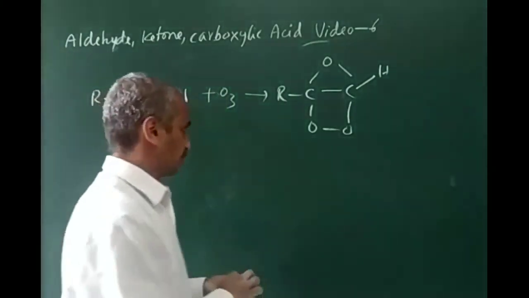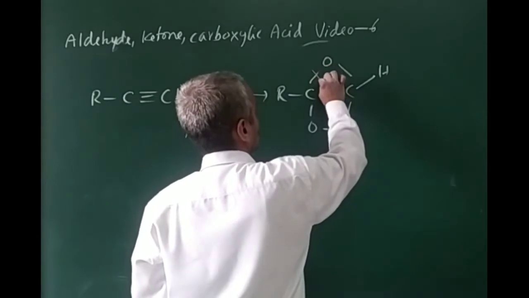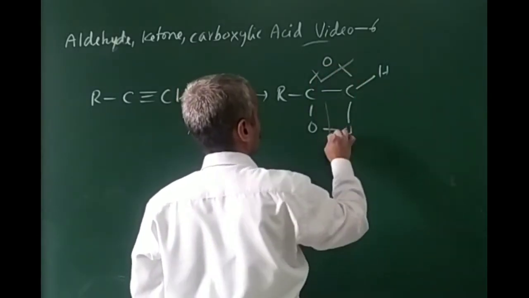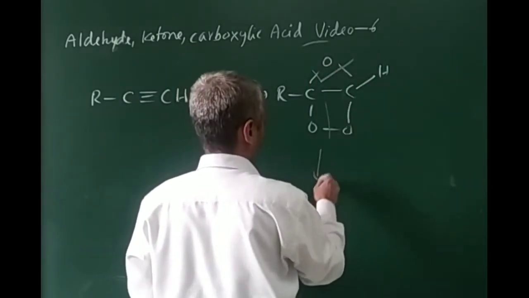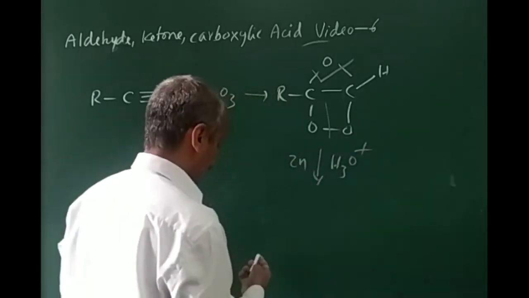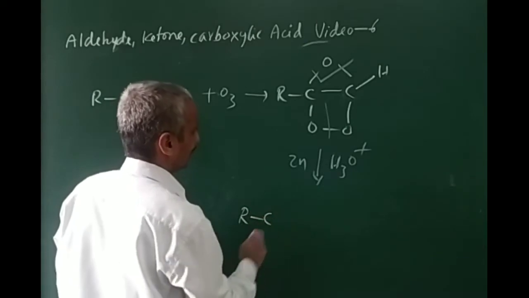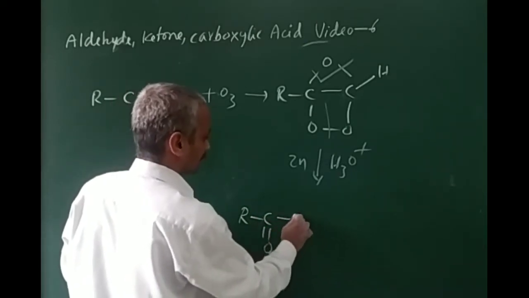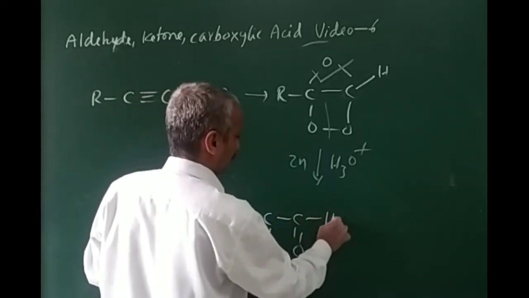Now you hydrolyze it. This bond breaks over there. H3O plus in presence of zinc. I am going to get RC double bond O C double bond OH.